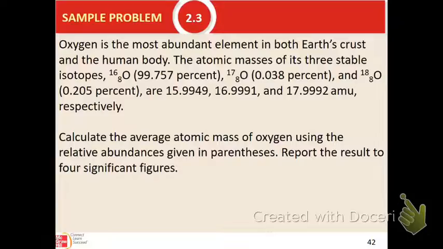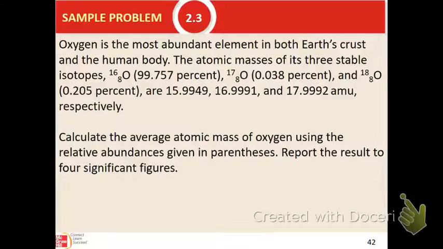It talks about oxygen is the most abundant element in the Earth's crust and in our human body. And it tells you that we have these 3 isotopes of oxygen. Now look at the highest percent of it. Almost all of the oxygen that's out there is oxygen 16. And then there's oxygen 17, and then there's oxygen 18. And it gives you the percents of them.